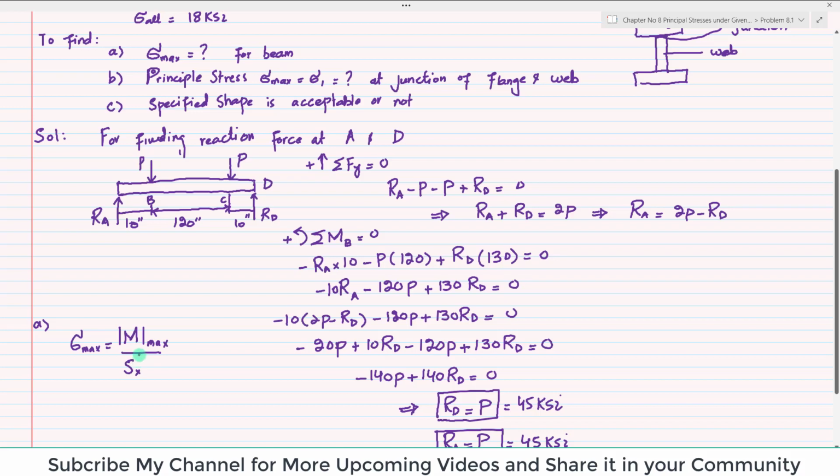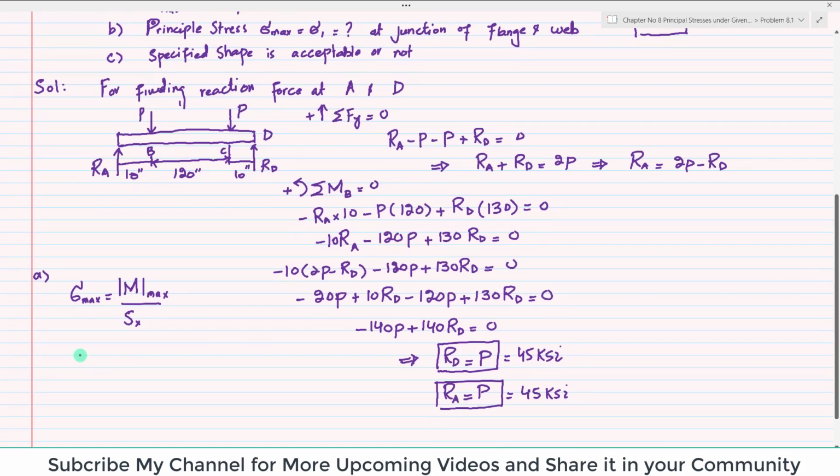Or you can write it as Sx. Clear? So what we will do is find the maximum moment for this beam. For that we will have to draw the shear force and bending moment diagrams. So I will quickly draw it.